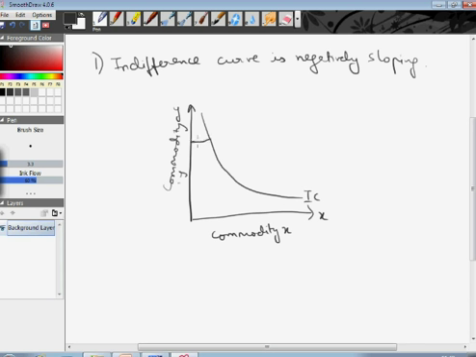Each combination on the indifference curve shows that we are decreasing the units of commodity Y and increasing the units of commodity X in order to get the same level of satisfaction, which in our case will be U. That is why the indifference curve is negatively sloping.